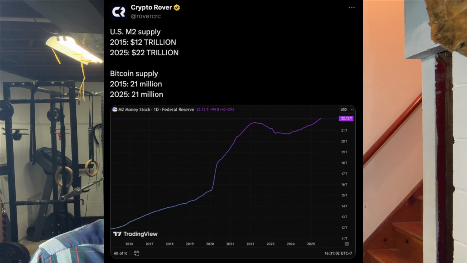Bitcoin supply has stayed exactly the same, 21 million. Bitcoin is actually the only thing that's deflationary money. Here's a tweet: what you can buy today for $100 may cost you $120 tomorrow. Bitcoin was created to protect us against this inflation. Limited supply equals deflationary model, and yeah, it's the digital gold.